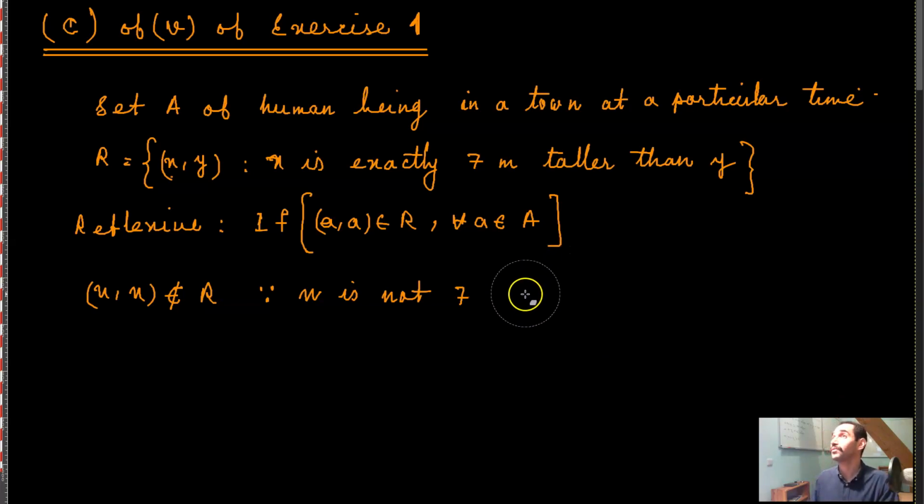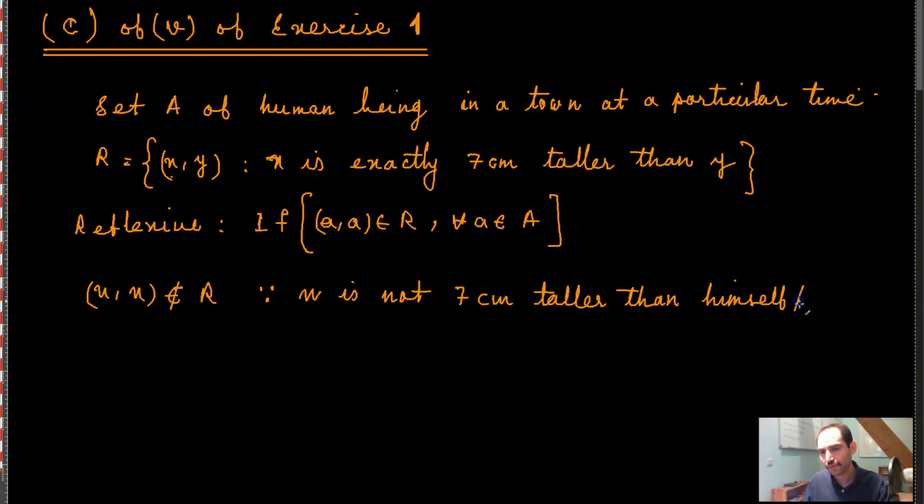I don't really know whether that was 7 centimeters or 7 meters. That is 7 centimeters, okay? Now, x can never be 7 centimeters taller than himself or herself, right? And for the same reason, (x, x) does not belong to R, which means that R is not reflexive.